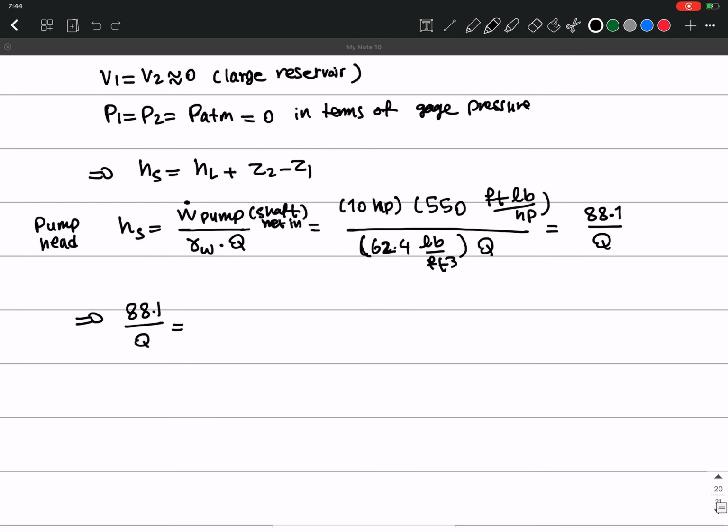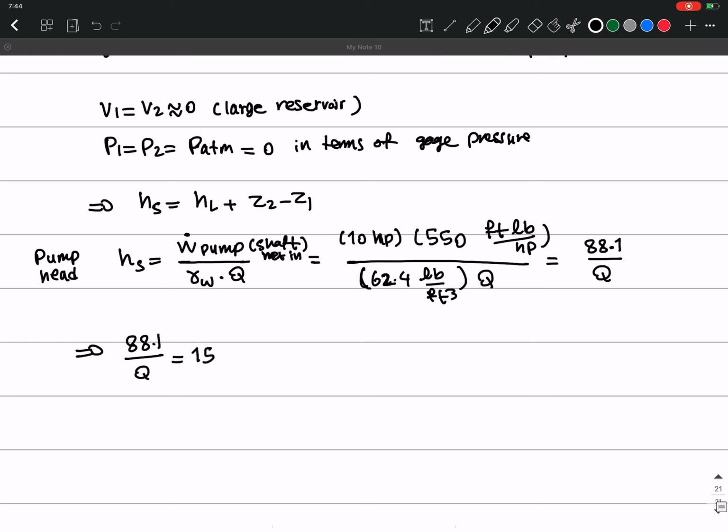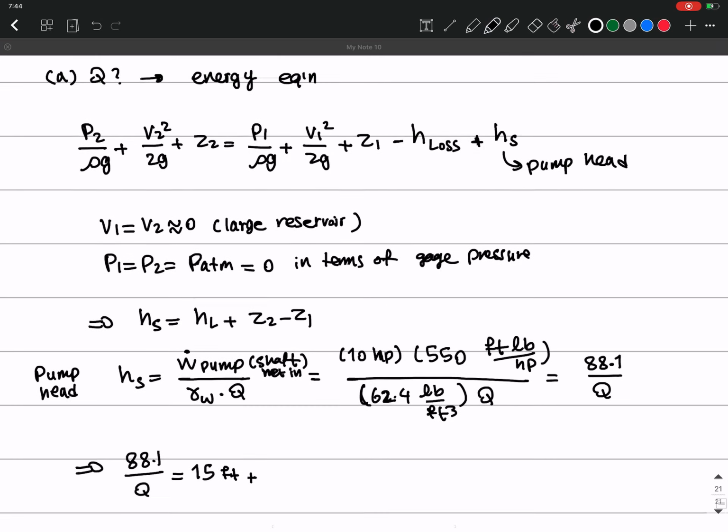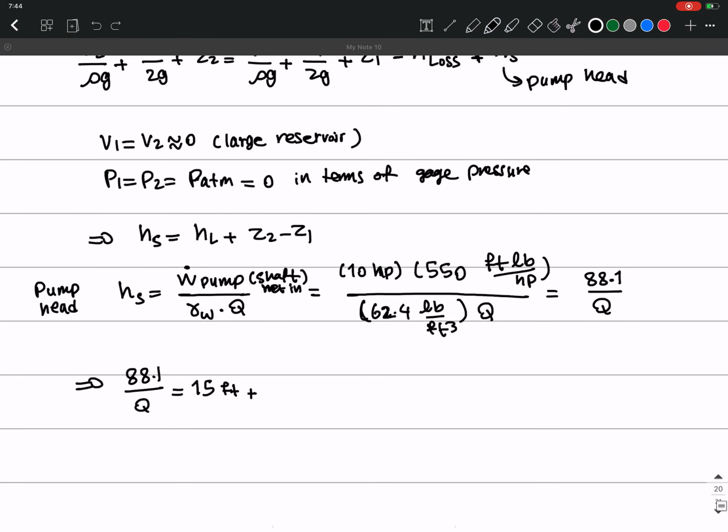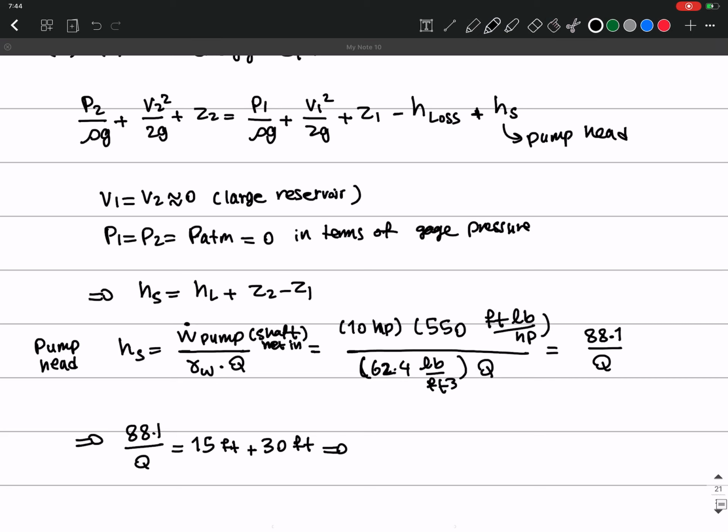So I just write it down. 15 foot plus the elevation difference, which is 30 foot. So from here, I can find Q, or the flow rate in this system, in the pump, which is going to be 1.96 foot cube per second.